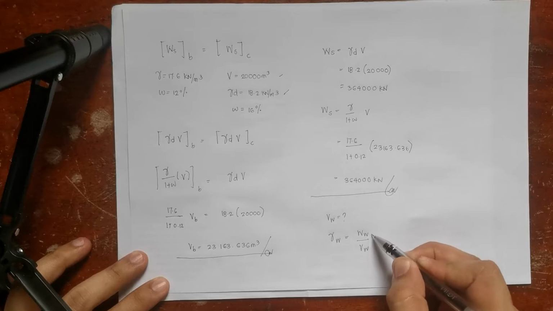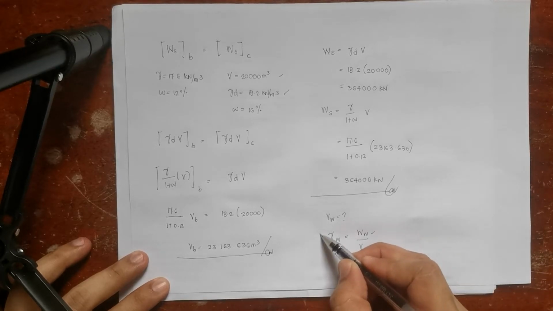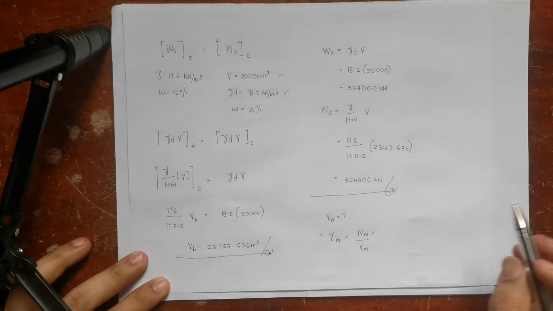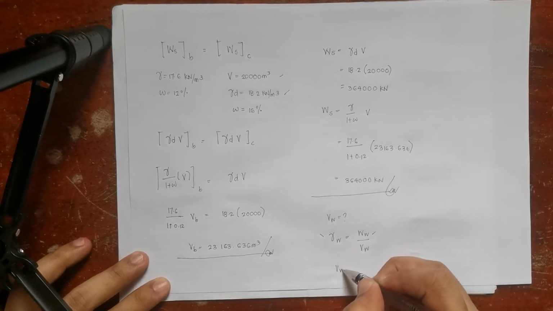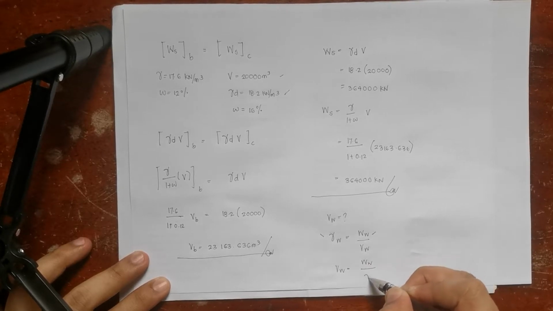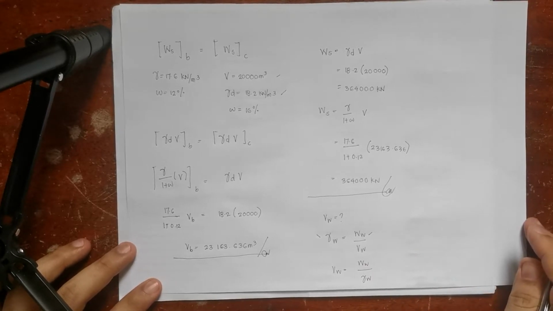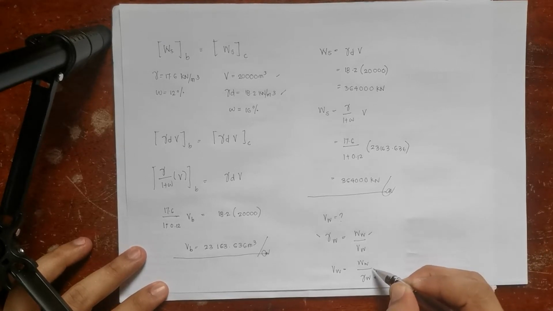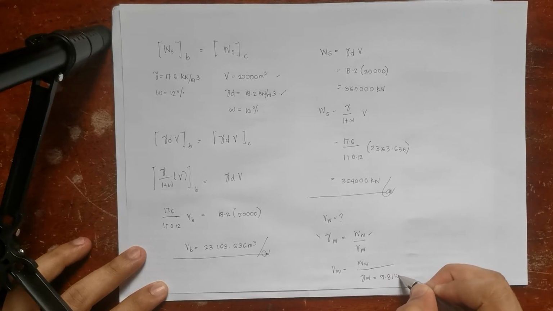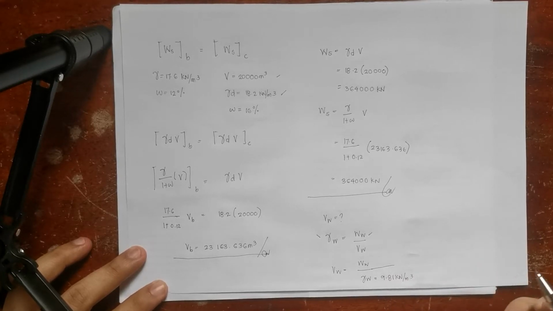So, para makuha natin, kailangan natin mismo yung quantity ng weight of water and the unit weight of water. So, from that formula, we can say that volume of water is equivalent to weight of water over unit weight of water. But, unit weight of water is a constant. And that is equivalent to 9.81 kilonewton per cubic meter.